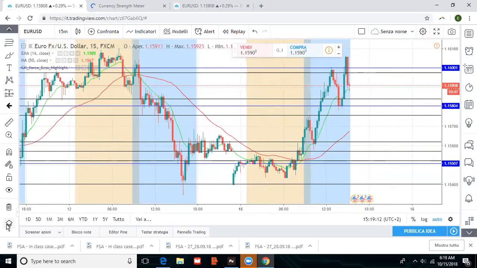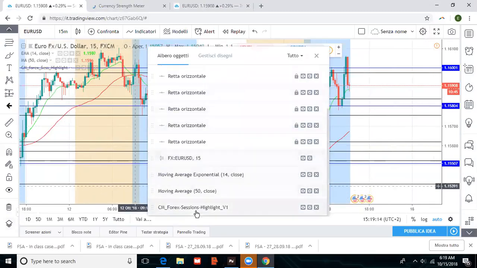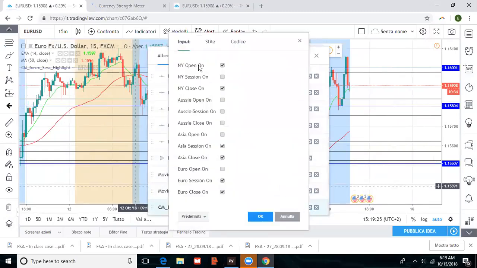So you have to add this, and the name of this indicator is CM Forex Session Highlight V1. So just look for this one, and if you want to see, you open the settings, and you just use these that I use. So the New York open, New York close, Asia session on, Asia close on, Euro session on, Euro close on.